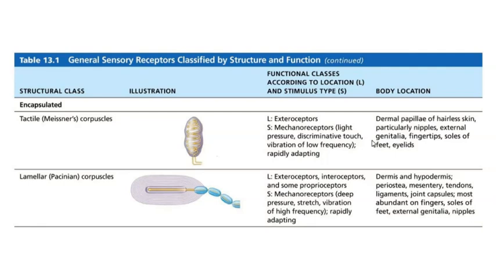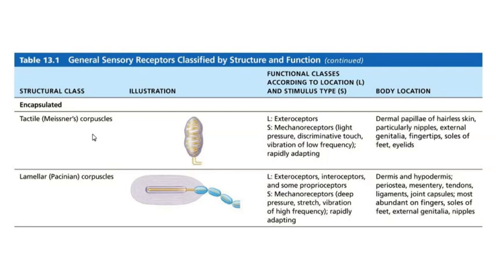In particular, these are found in the dermal papillae of hairless skin, and are particularly abundant in places like the nipples, the external genitalia, the fingertips, the soles of the feet, and the eyelids. In these regions, they function to sense very light pressures on the skin, but also vibration.